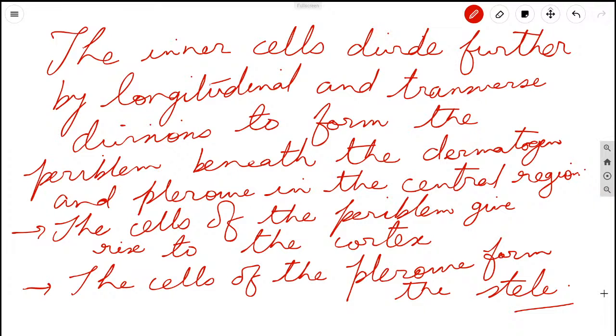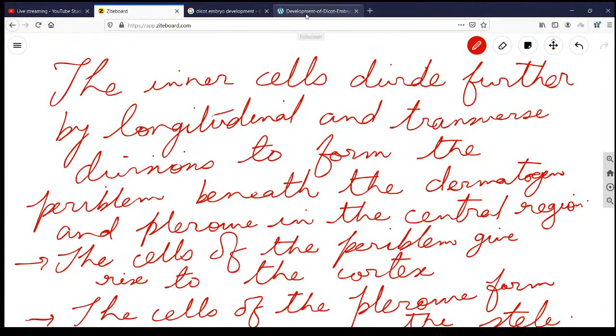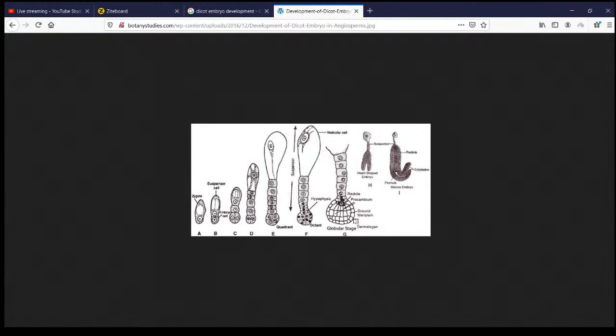divide again transversely, forming the 6 to 10 celled stage known as the filament. At the filament stage, the suspensor attains its maximum development, and it keeps on attaining maximum development until the embryo attains the globular stage.